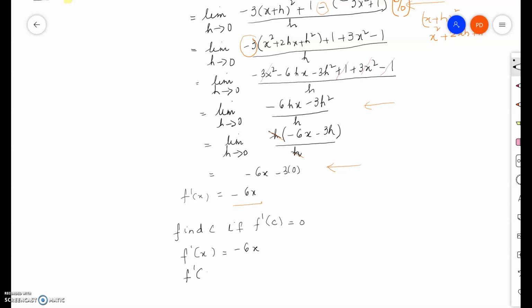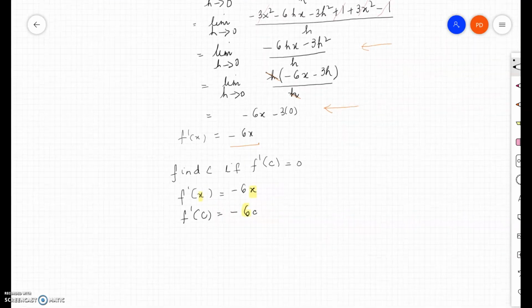So f prime of x is equal to negative 6x. f prime of c is equal to, now replace everywhere you see an x. Notice we see an x that's multiplied to negative 6. So wherever we see an x, we replace it with a c. So now f prime of c is equal to negative 6c.